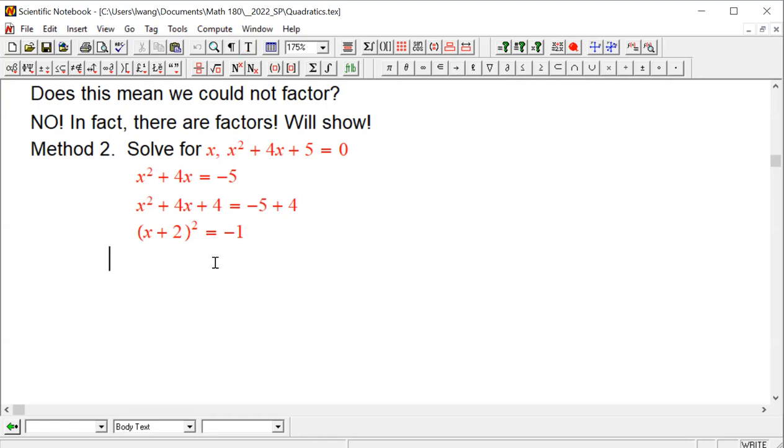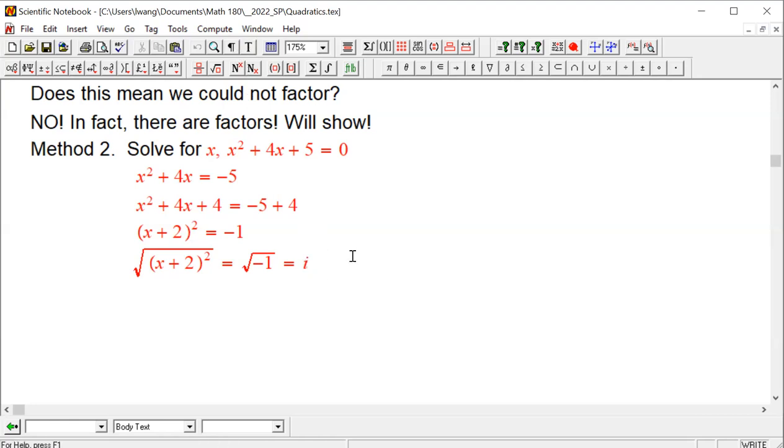Now, what you're going to see is that you're going to take the square root on both sides. Square root of -1. Well, many of you know that's i, the imaginary number. This already tells us there are no real number solutions.